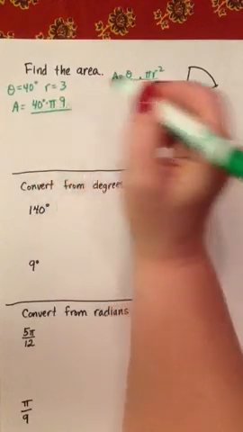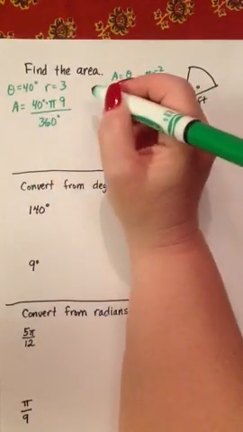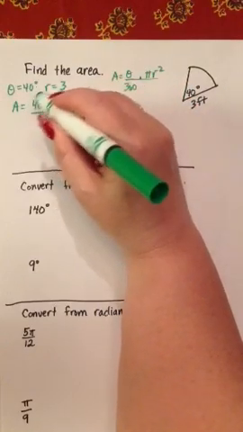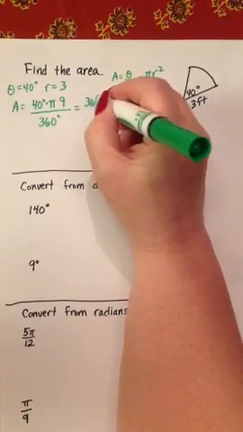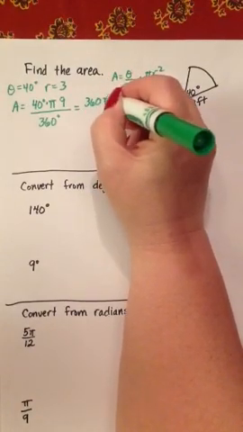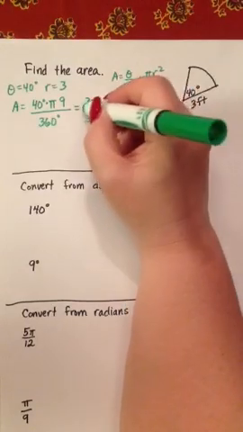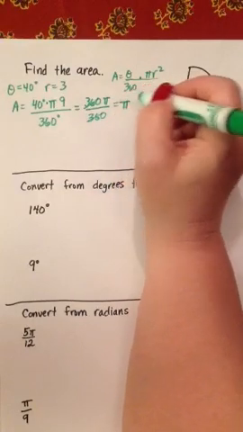And that will be divided by 360 degrees. Alright, so if I multiplied 9 times 40, 4 times 9 is 36, so this will be 360 pi divided by 360. Well, that was handy. So the 360s cancel, so my area is pi.